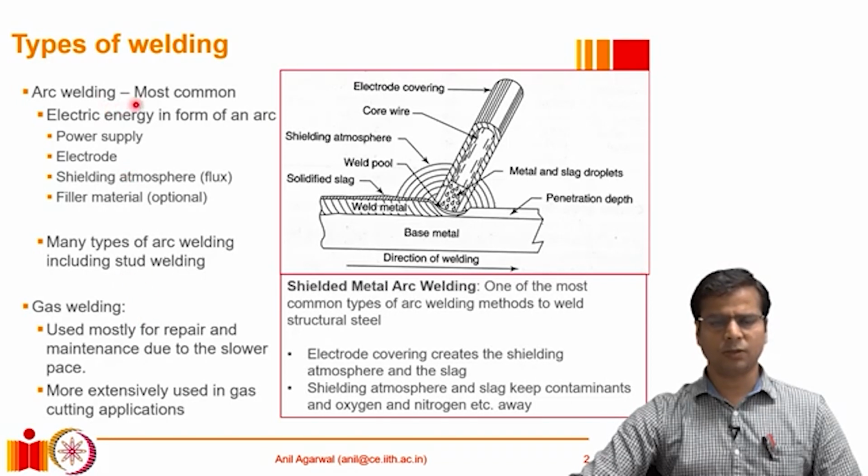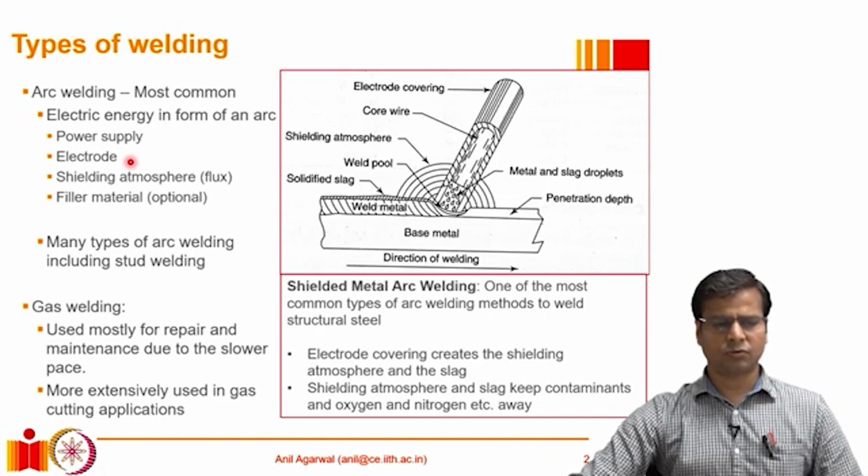Arc welding usually requires power supply, that is electricity supply, and of course in addition to that we need an electrode. All of us must have witnessed some type of arc welding in our lives. The electrode typically also doubles as a filler material which fills the gap between the two metals which are being joined. But there are other varieties of that also that we will discuss in a minute.